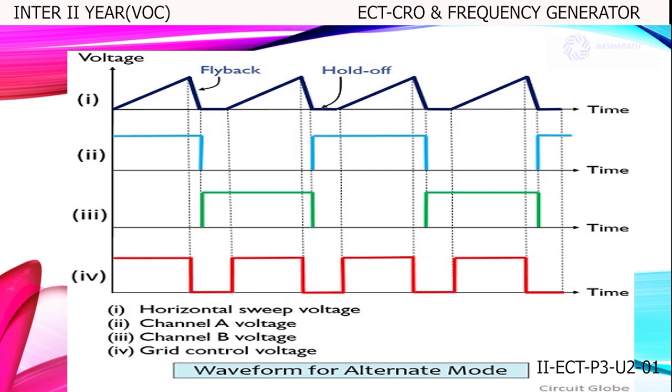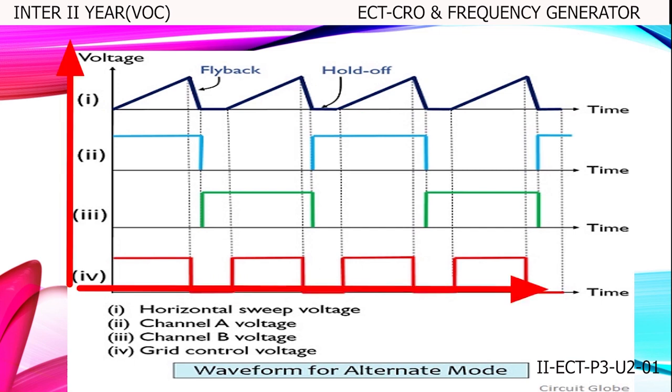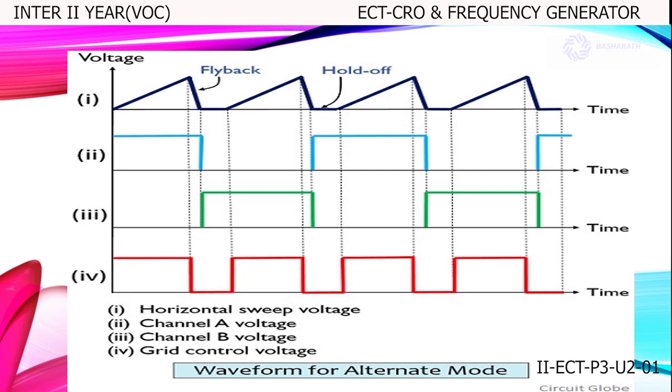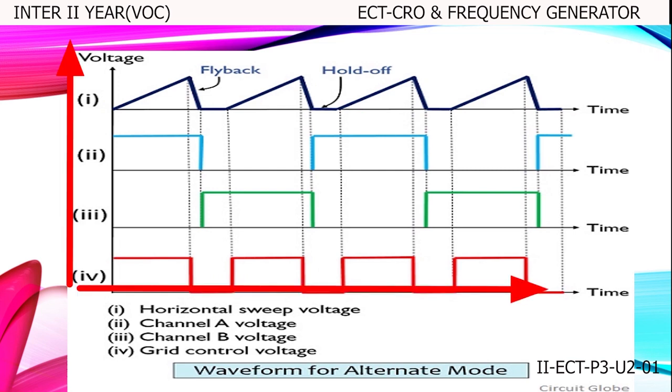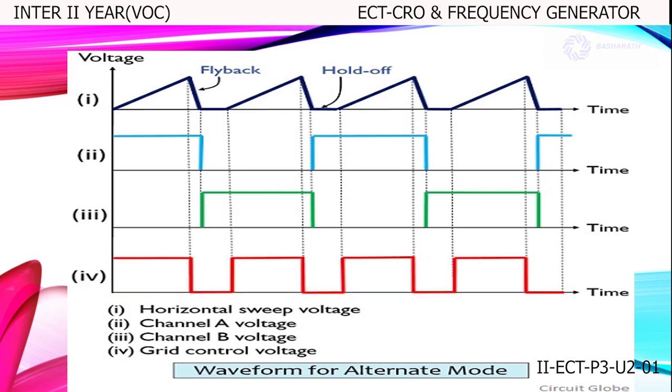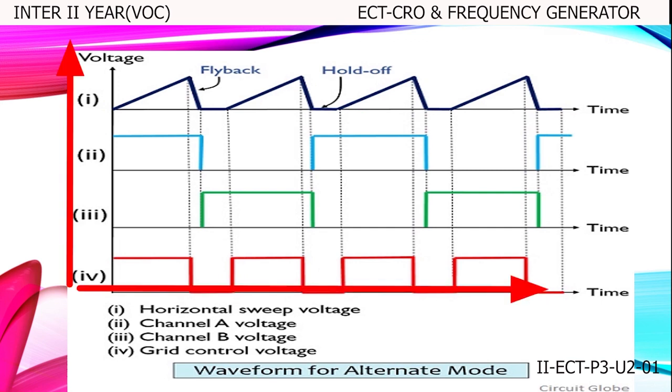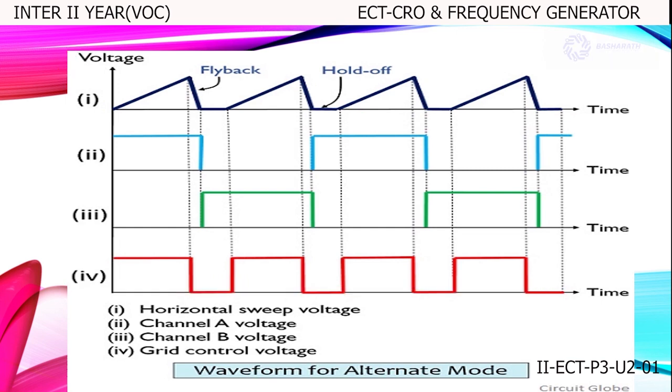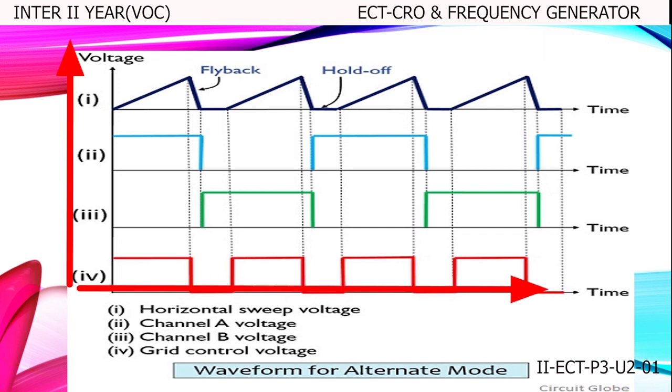Hence, a complete sweep signal from one vertical channel will be displayed on the screen, while for the next sweep, the signal from another vertical channel will be displayed. This method allows us to maintain the proper phase relationship between signals of channel A and B. However, along with advantages, disadvantages are also associated with this mode.